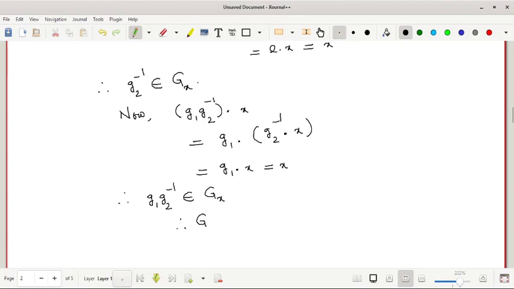Therefore, Gx is a subgroup of G. Right?